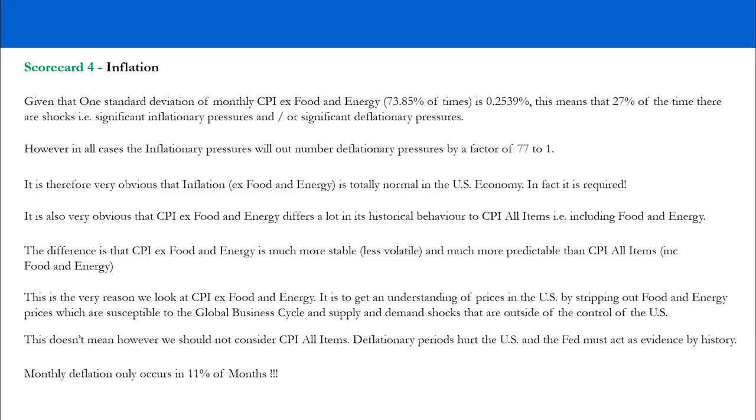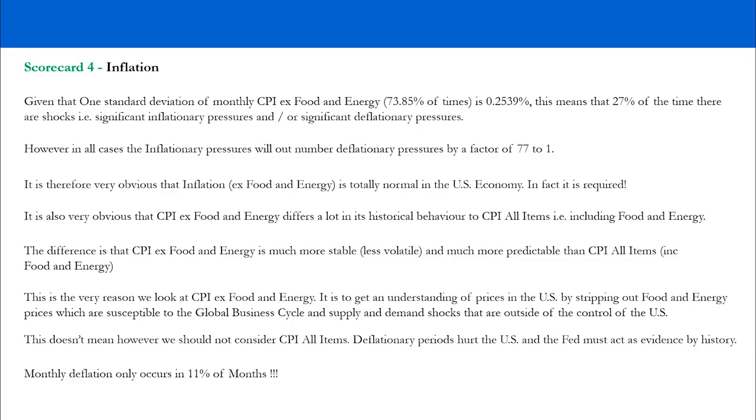It's to get an understanding of prices in the US by stripping out food and energy because they're susceptible to the global business cycle and supply and demand shocks that are outside of the control of US authorities. However, this doesn't mean that we shouldn't consider the CPI all items, including food and energy.